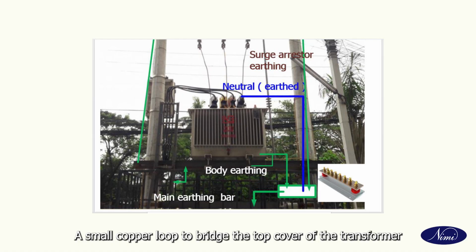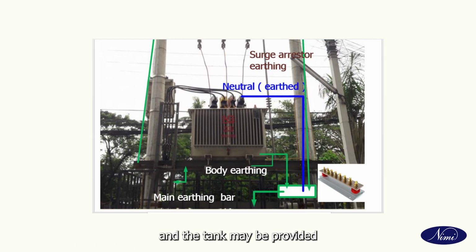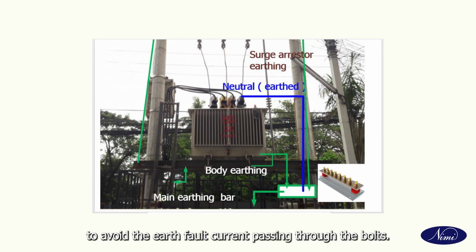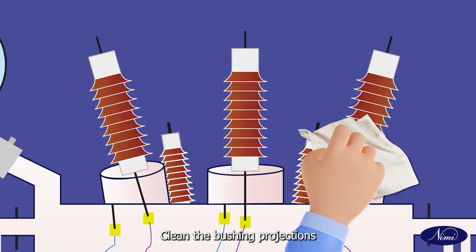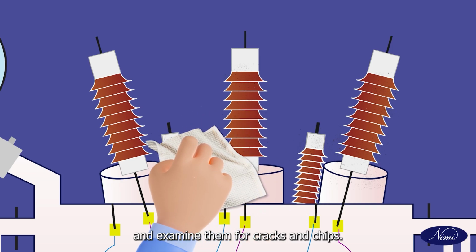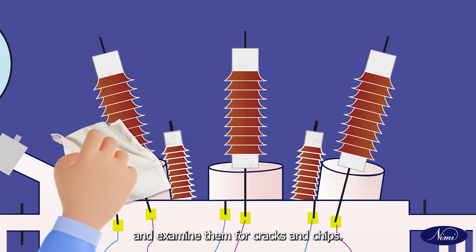A small copper loop to bridge the top cover of the transformer and the tank may be provided to avoid the earth fault current passing through the bolts when there is a lightning surge, high voltage surge or failure of bushings. Clean the bushing projections and examine them for cracks and chips.